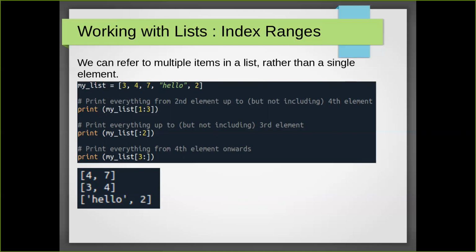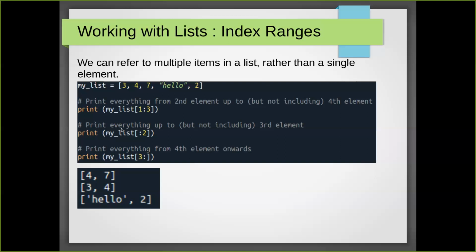Print my list 1:3 means print everything from the second element, remember, the second element is index 1, up to, but not including, the fourth element. So that will pick the values 4 and 7, index 1 and index 2, but it won't include index 3, which is hello. So it'll print 4 and 7. So you've got an extra little block there to think about. You're not only having to remember the index elements are one off from what you think they might be, but also remembering that the upper limit of the range is not included.